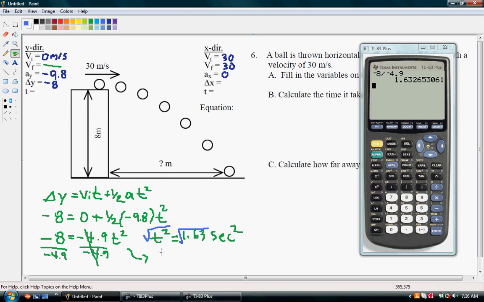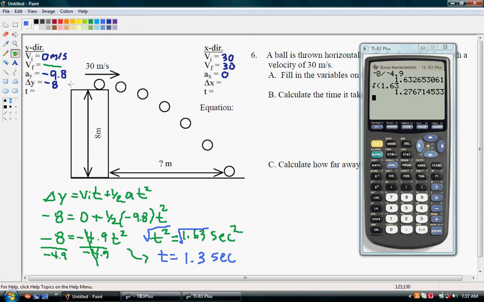And we end up getting t equals, and let's find out. We take the square root of this 1.63, enter, and we get 1.27, which will round to 1.3. So it takes 1.3 seconds for this object to hit the ground.